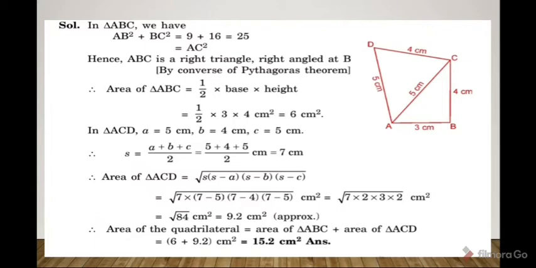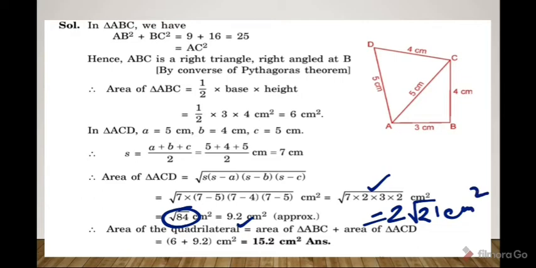So now a question can arise, how can you convert this number to the decimal form? I told you if you do the simplification of this expression, it will be equal to 2 root 21 centimeter square.